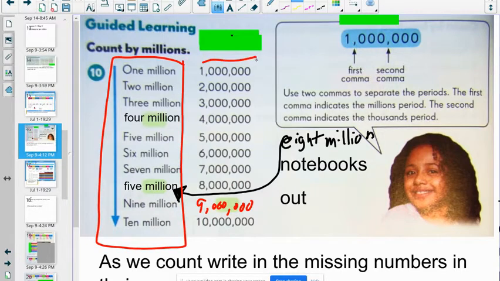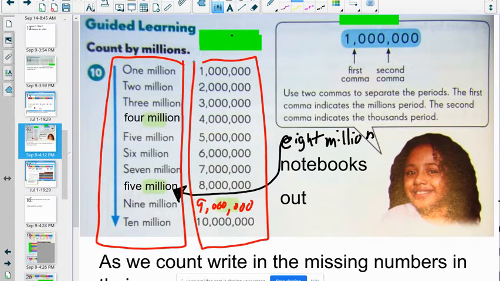This would be the standard form of a number. And then emphasizing the periods over here: use commas to separate the periods. The first comma indicates the millions period. The second comma indicates the thousands period. So millions and then thousands.